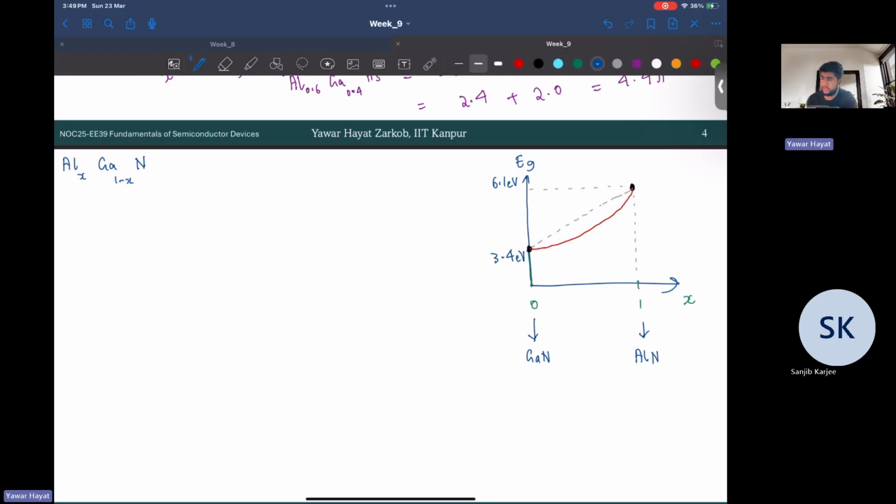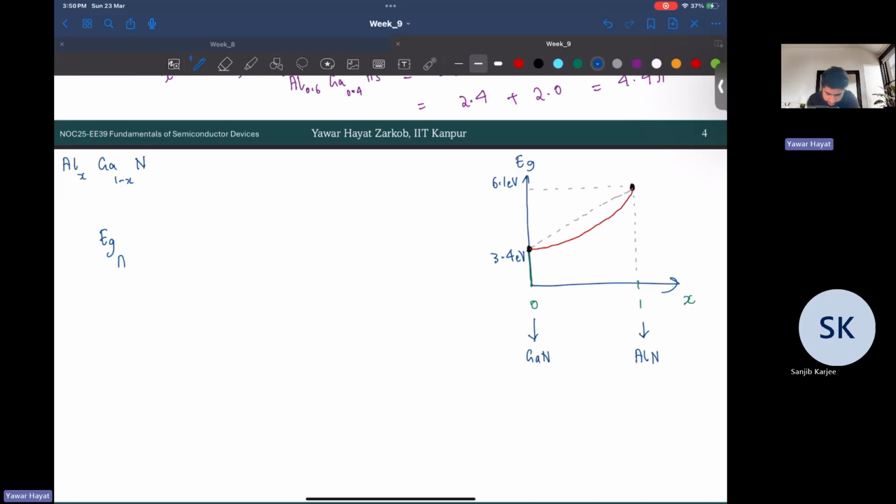So let me write the equation that is followed in case of band gap. The reason I took the example of aluminum gallium nitride is because this non-linearity in band gap is way more evident in this compound compared to others. In others, the non-linear trend is also there, but in this compound it is more prominent.